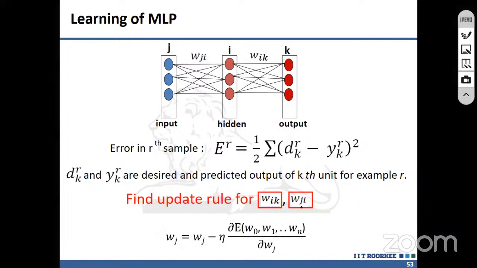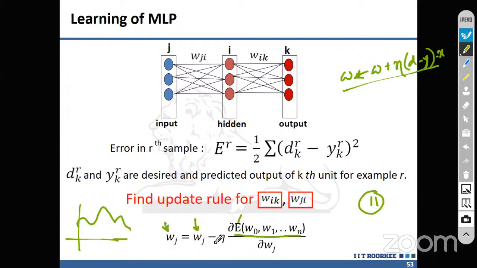So in a simple way, the formula is: each W will be modified with its previous value, where eta is the scaling factor, times this derivative. Now what is this value?